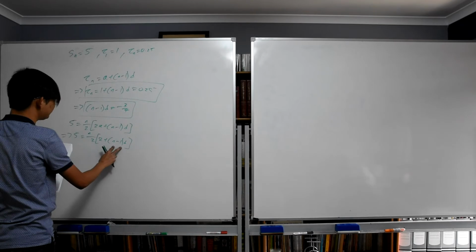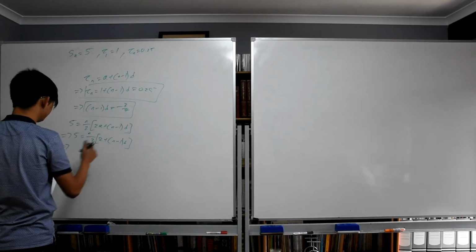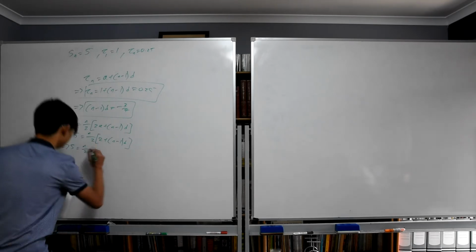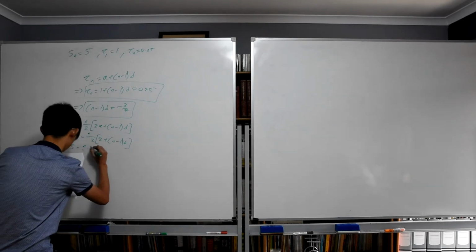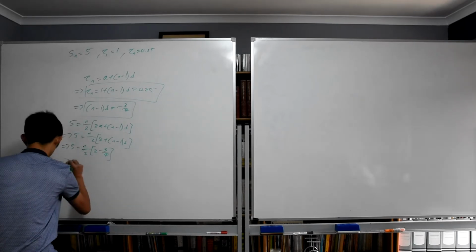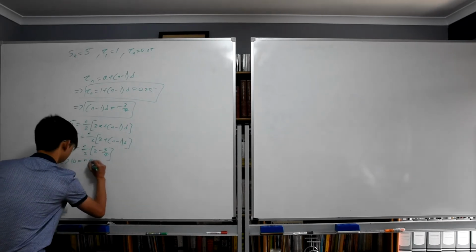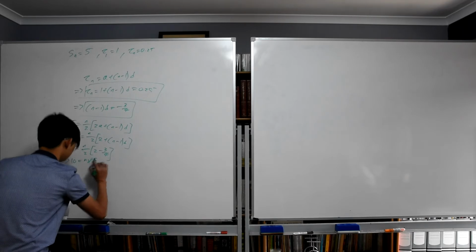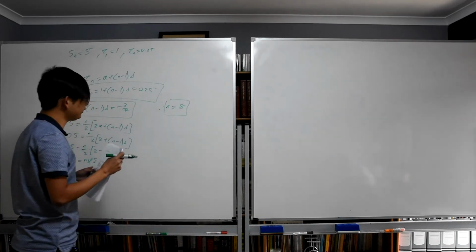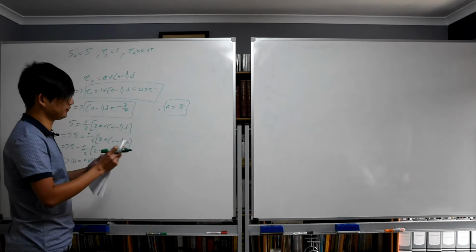But what is n minus 1 times d? That's minus 3/4. The total number of pieces is just equal to 8.